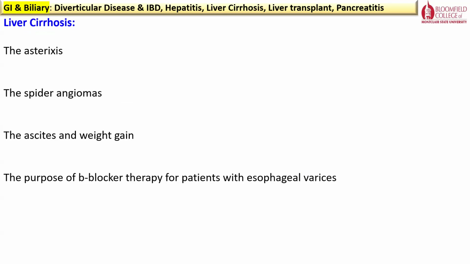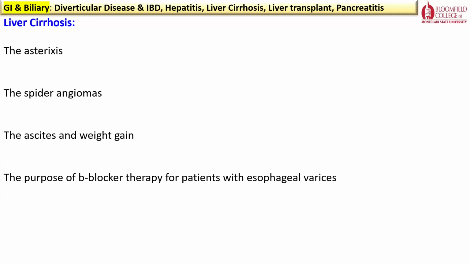So asterixis with liver cirrhosis indicates that the patient has hepatic encephalopathy, an advanced stage of hepatic disease, and hepatic coma may eventually occur. So when you see asterixis, it's not a good sign. It means advanced hepatic encephalopathy, and the patient may have an imminent hepatic coma.